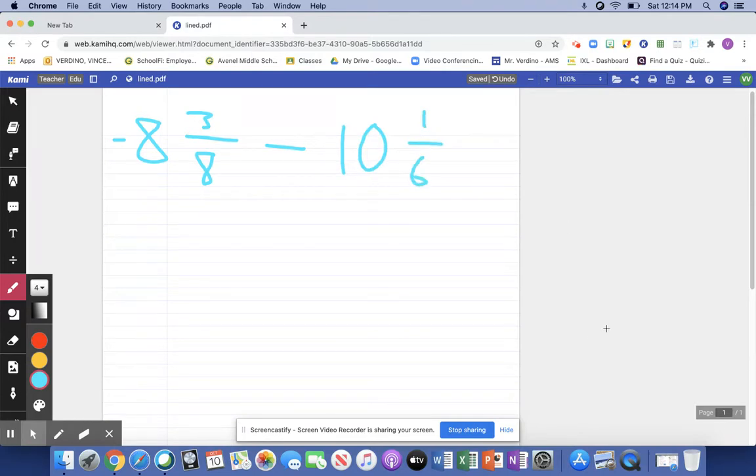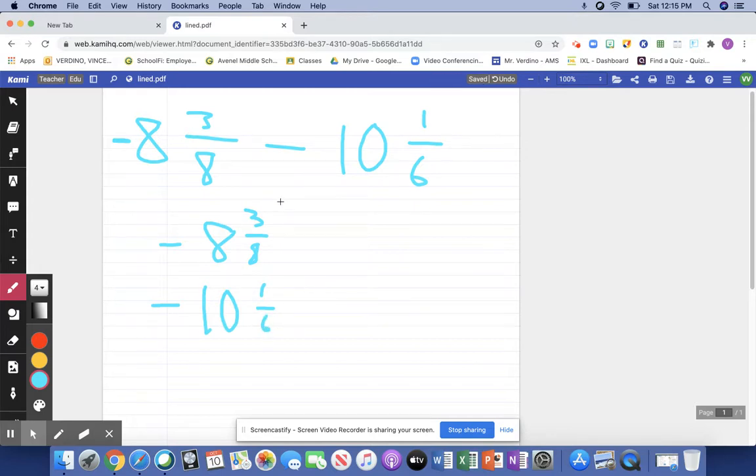All right, so we converted these both to improper fractions, and it did take us quite some time, and we got some relatively large numbers. So you can write this vertically, actually. So negative 8 and 3/8, subtracting 10 and 1/6. Okay.